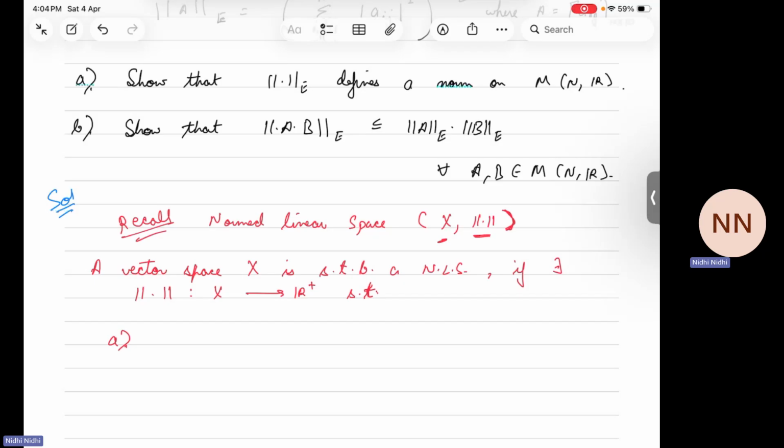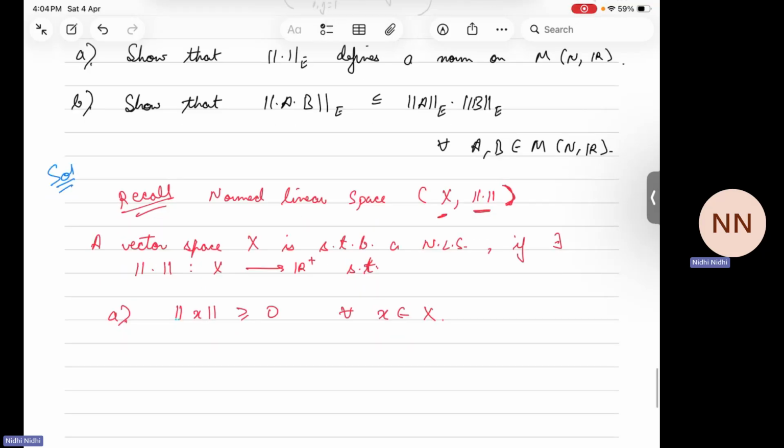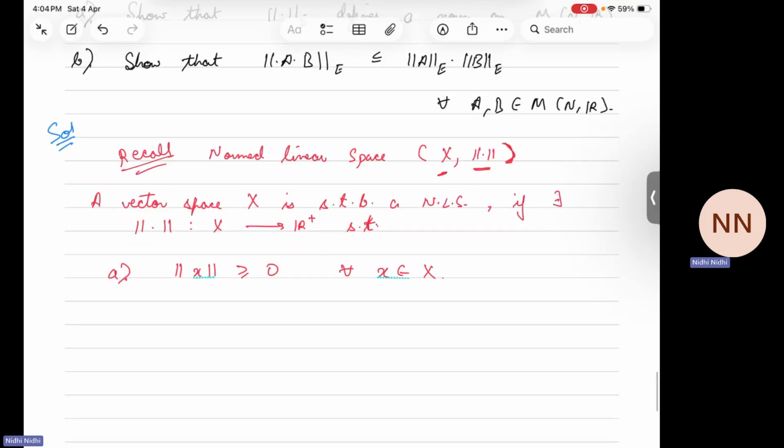What are the basic good properties of the modulus function? First one, it is always positive. That's what happens with the norm. So this is always positive for every x in this capital X. Now this capital X can be any vector space, so the small x can be called the vectors.